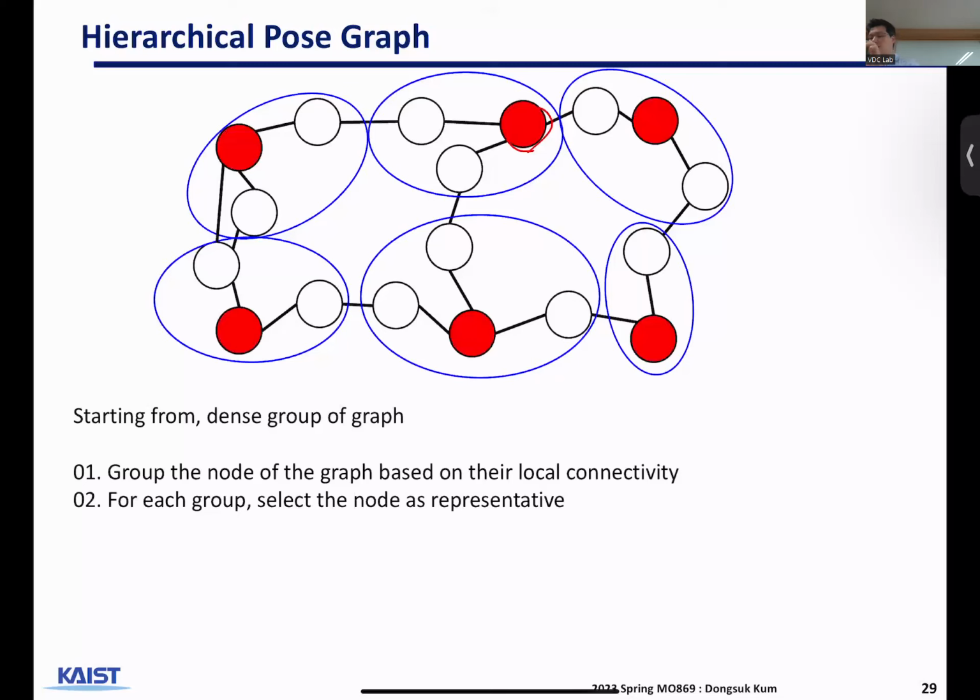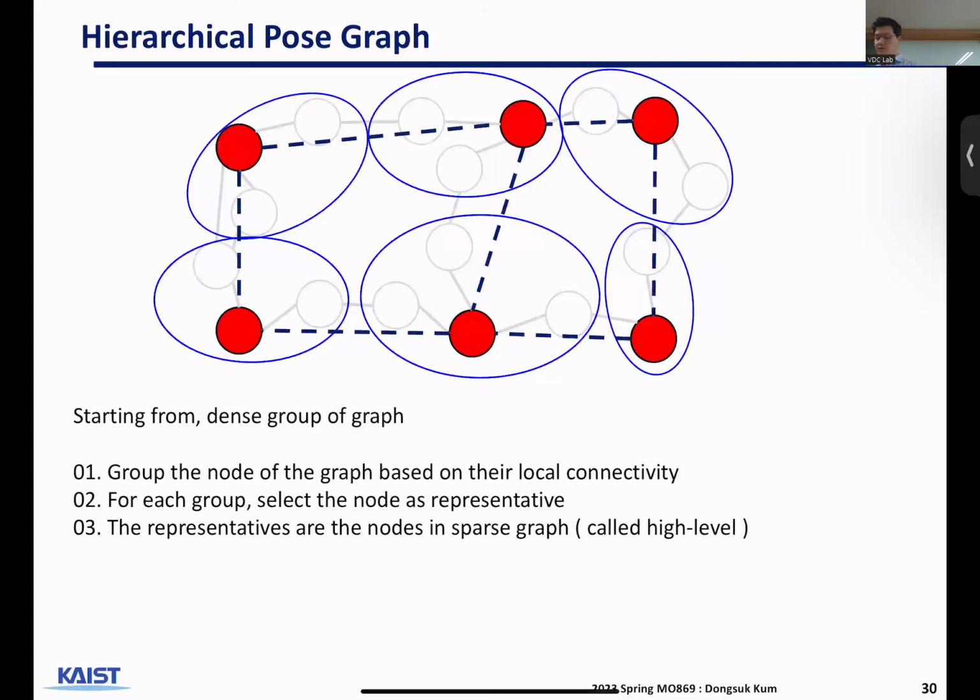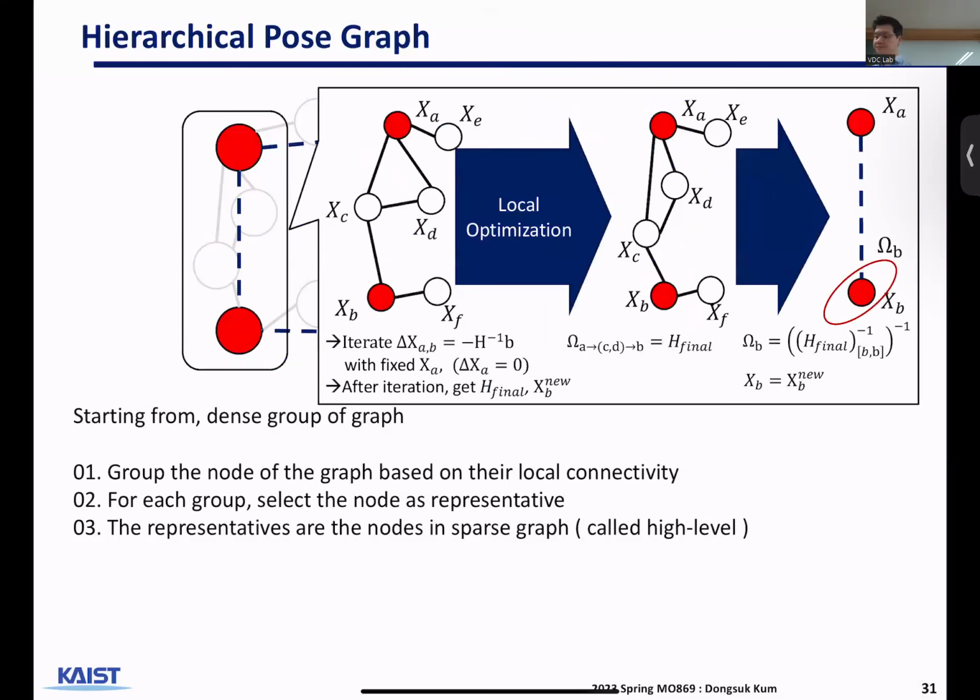So that can be chosen as these representative high level nodes. And then you're going to create this sparse graph, meaning that you're going to neglect some of the low level local nodes and just focus on the high level key representative nodes and solve the optimization problem.